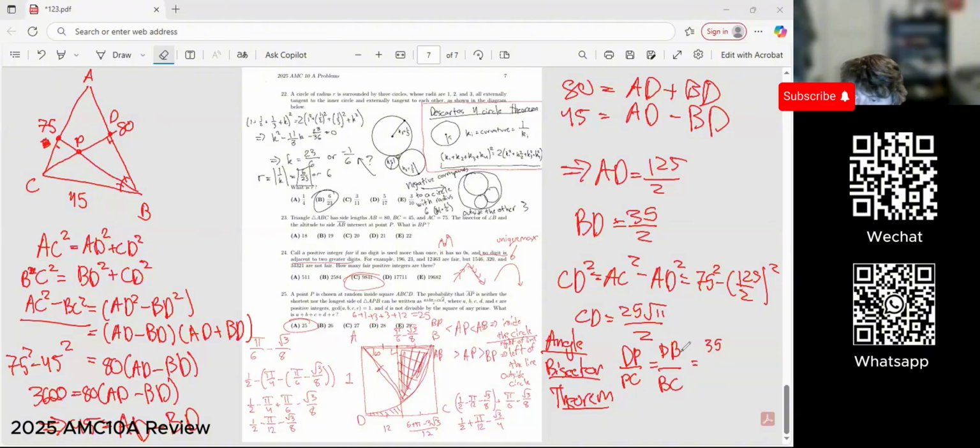Oh, no. So it's just DB over BC, which is 35 over 2 over 45, which is 7 over 18.